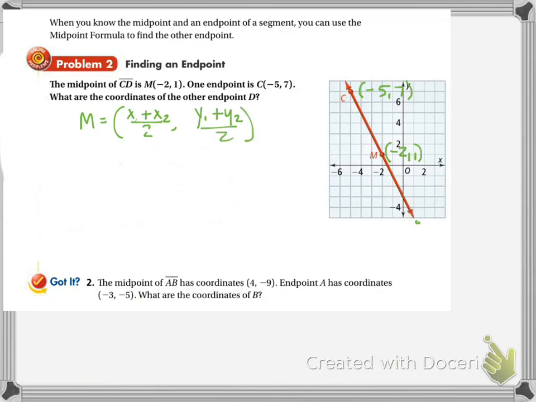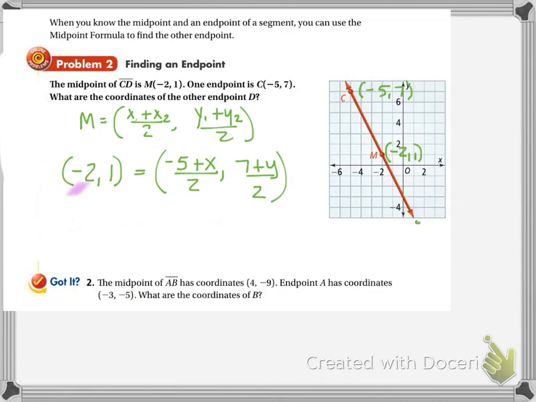Now, we only know one of those x values. Now remember, the midpoint is a value x, y as well. So the midpoint is negative 2, 1. The x value that we know is negative 5. So I'm going to put that in for one of the x's. And the y value that we know is 7, so I'm going to put that in for one of the y's.